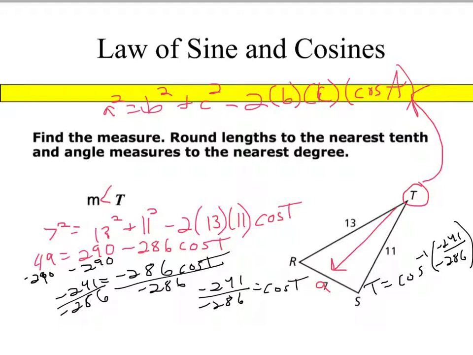When I do that, the measure of angle T is going to equal about 33 degrees. Okay, that was a lot of information, but we came up with about 33 degrees.